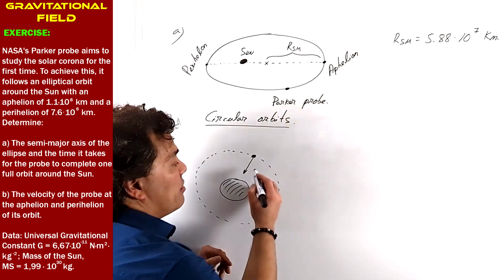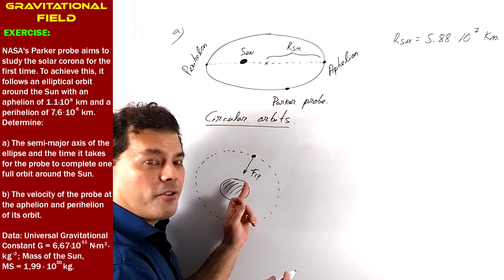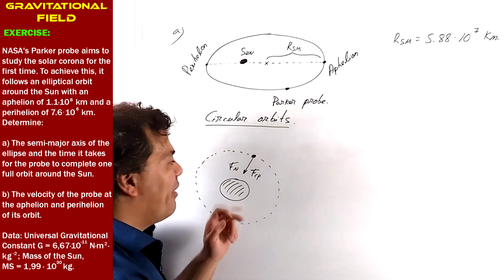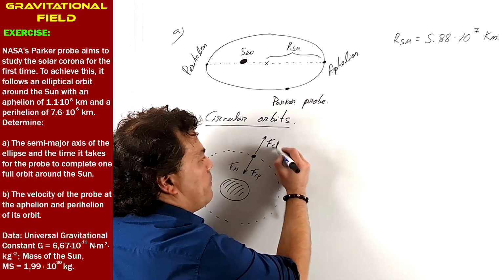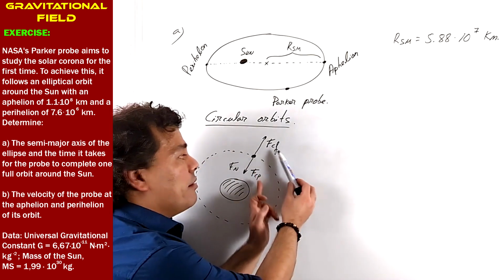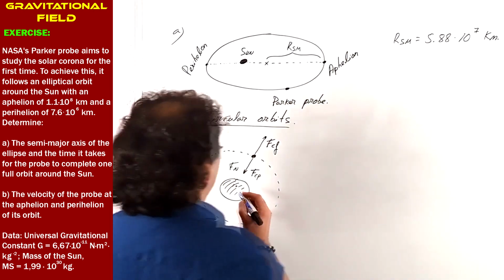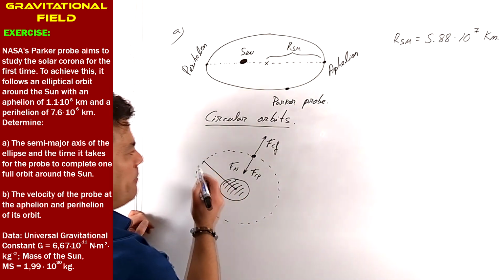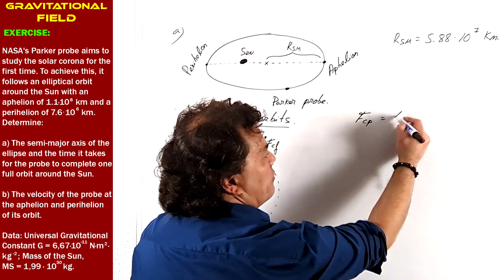This is the so-called centripetal force, that will be Newton's gravitational force. And this other one, the centrifugal force. What are we going to do? We are balancing these two forces. So, let's do it. This is the distance between the satellite and the center of the star. Centripetal force must be equal to centrifugal force.